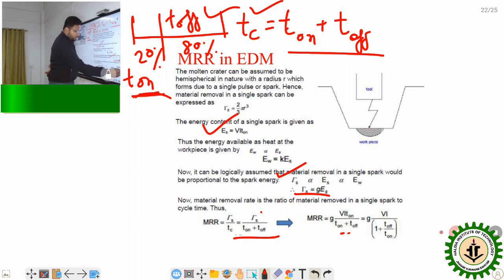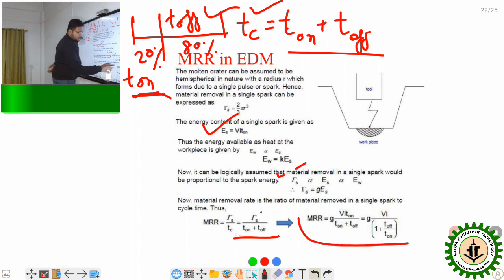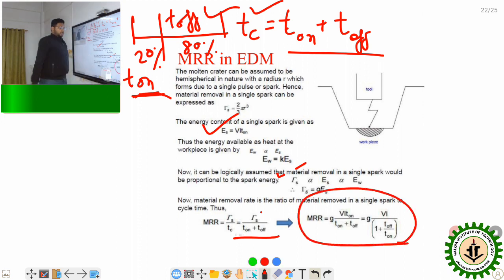We take this T on over here and similarly over here, transform this equation, and then we get the final equation: MRR equals G VI divided by 1 plus T off by T on. This is the volumetric material removal rate during the EDM process.